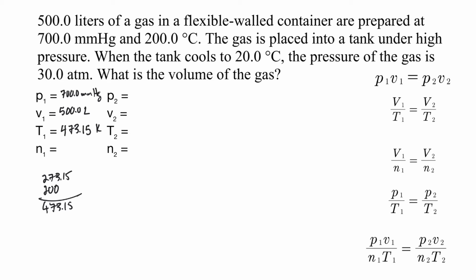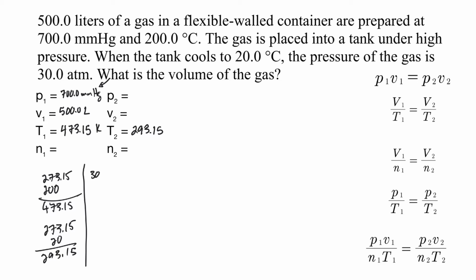When the tank cools to 20 degrees, okay, 273.15 plus 20 is 293.15. So that's temperature 2, 293.15. The pressure of the gas is 30 atmospheres. Oh, great. This is measured in millimeters of mercury, and now they're giving me something in atmospheres. I've got to convert that too.